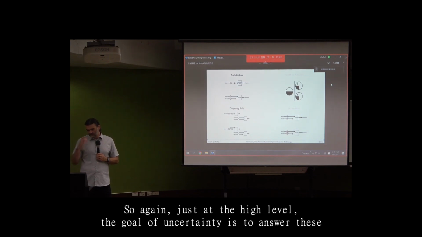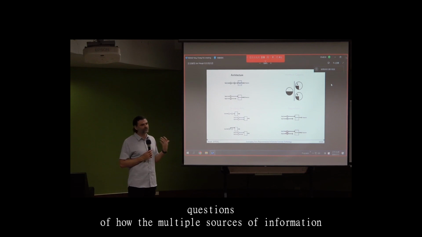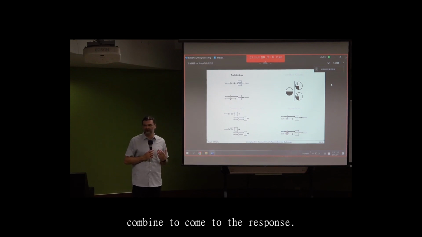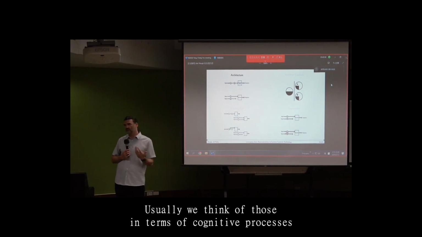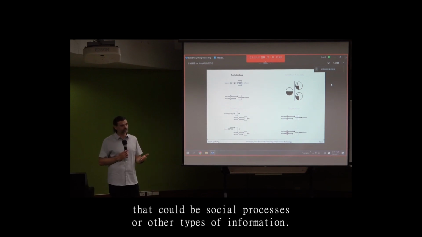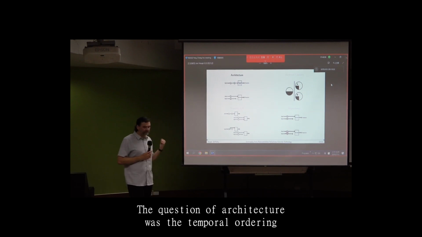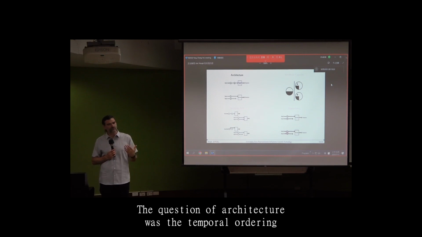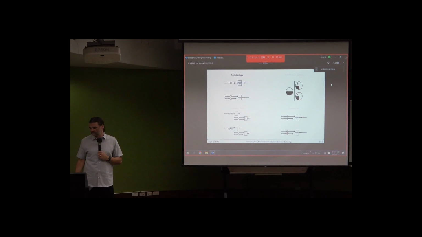So again, just at the high level, the goal of SFT is to answer these broad questions of how multiple sources of information are combined to come to a response. Usually we think of those in terms of cognitive processes, but it could be social processes or other types of information. Question of architecture, what's the temporal ordering, or how are different sources used concurrently or sequentially?